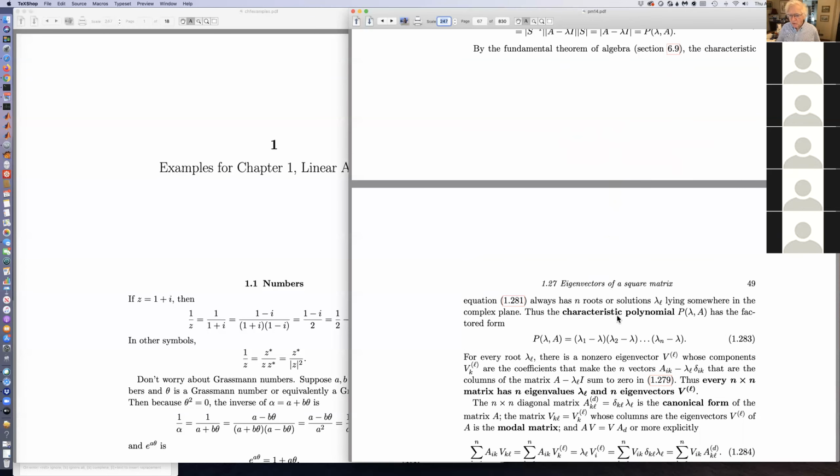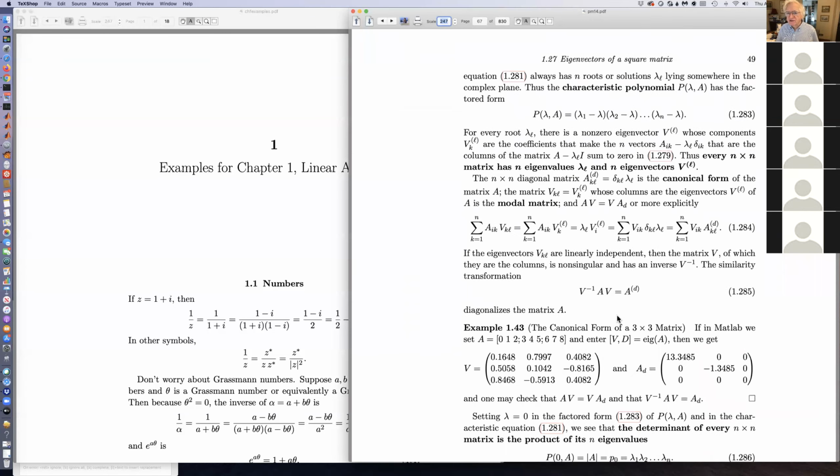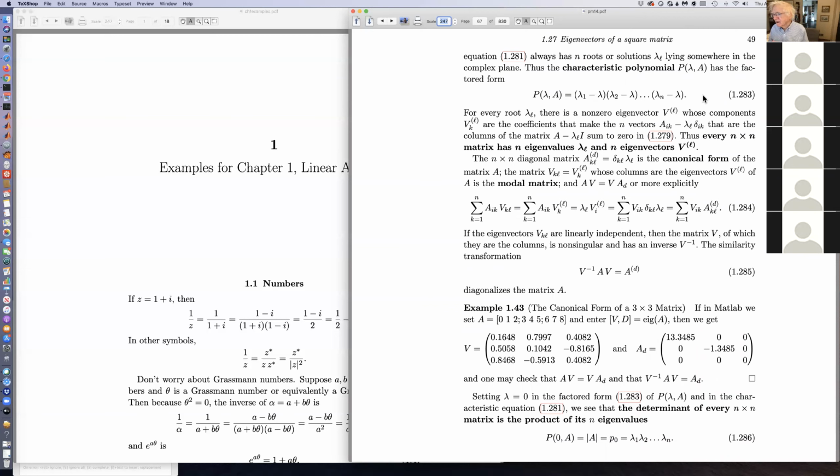And what we'll learn when we do complex variable theory is that any nth order polynomial equation has n roots or n solutions somewhere in the complex plane. Now, it could be that some of the roots overlap, in which case you might not have n different roots, but you always have n roots in this sense.